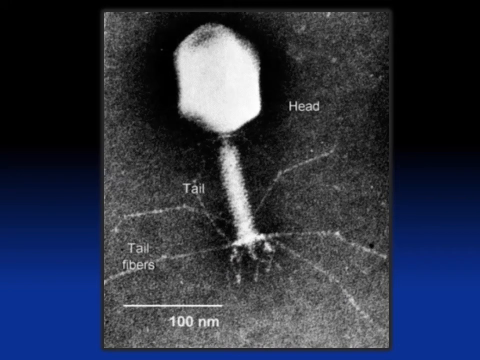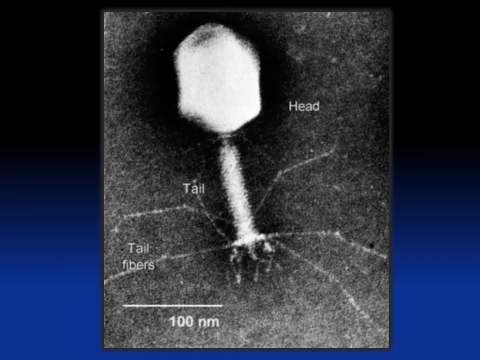Now, there are certain exceptions where some viruses may have both the spherical structure and the helical structure. And probably the best representative of such viruses is what we call the bacteriophages.